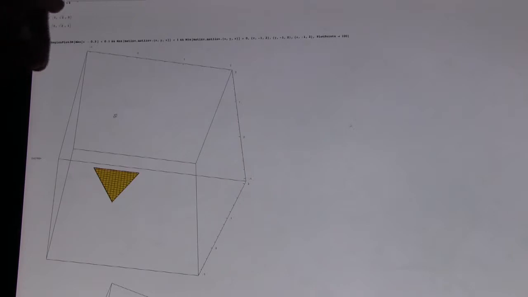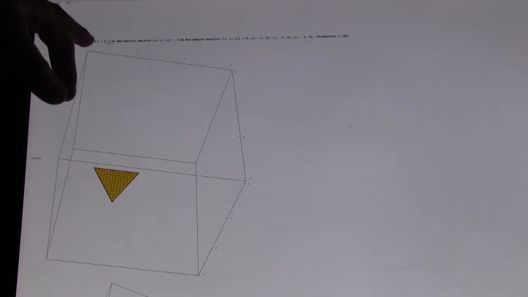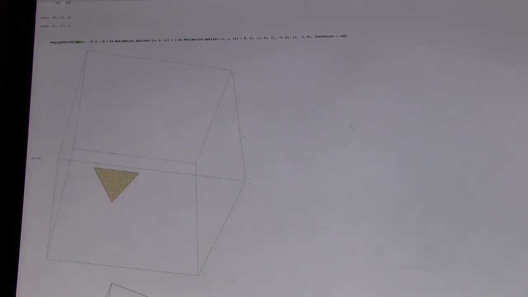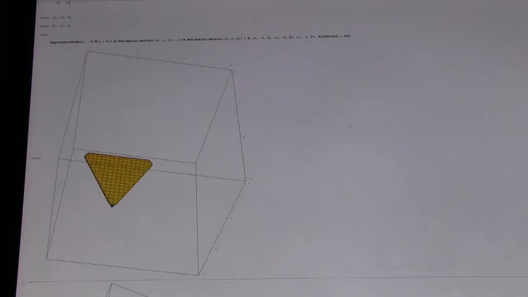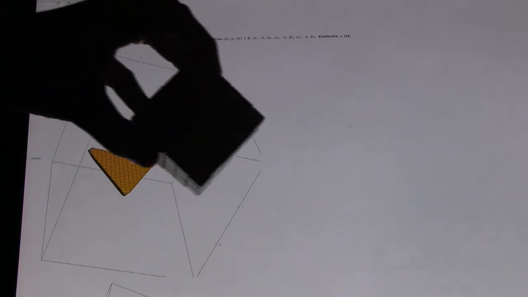A little less. So do like 0.55. So right in there instead of the 0.3, put 0.55, and then shift return. This should be where the first intersection is, with the first three vertices.